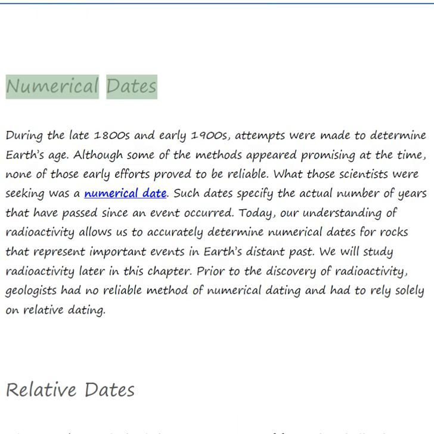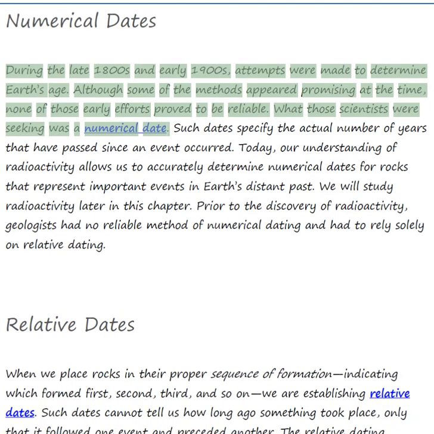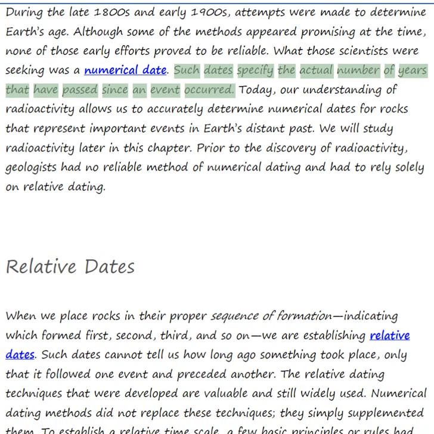Numerical dates. During the late 1800s and early 1900s, attempts were made to determine Earth's age. Although some of the methods appeared promising at the time, none of those early efforts proved to be reliable. What those scientists were seeking was a numerical date. Such dates specify the actual number of years that have passed since an event occurred.